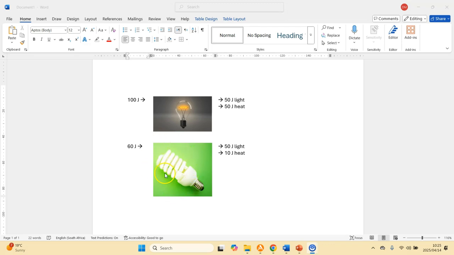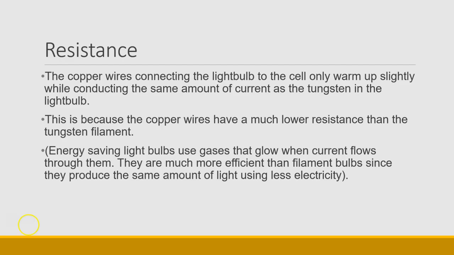But if we look at an energy-saving bulb, and we want the same amount of light out of it, so it is producing the same amount of light as the incandescent light bulb, however, it is only wasting 10 joules of electricity as heat energy. So that means that the total input of energy needed is less to get the same amount of light.